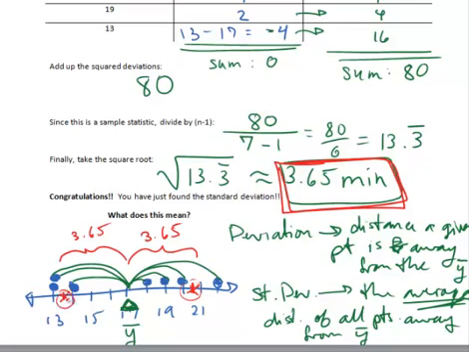You can see that they fall pretty close to him. This one, it's a little more spread out. This one's kind of far away, and this one's kind of far away, and these ones are a little close. That's how it happens. Sometimes they fall close, sometimes they're a little spread out. But it just gives us an idea of, do I have a really stretched out graph, or are all my points pretty close to my mean? So this is a standard deviation. It's the average distance of all points away from the mean.